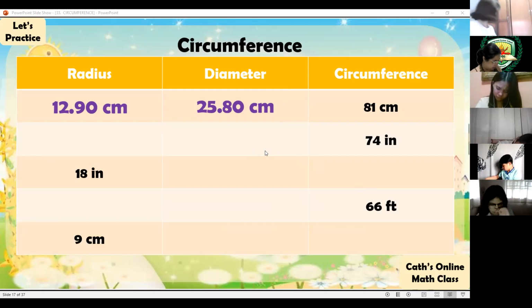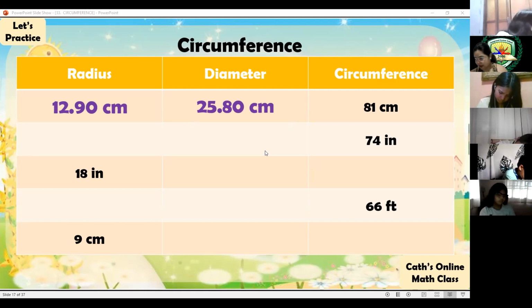Sa 303, ma'am, B po naman. Oo, pareho sila. 302 letter A, 303 letter A din. Okay? And then, i-checkan natin on Friday.